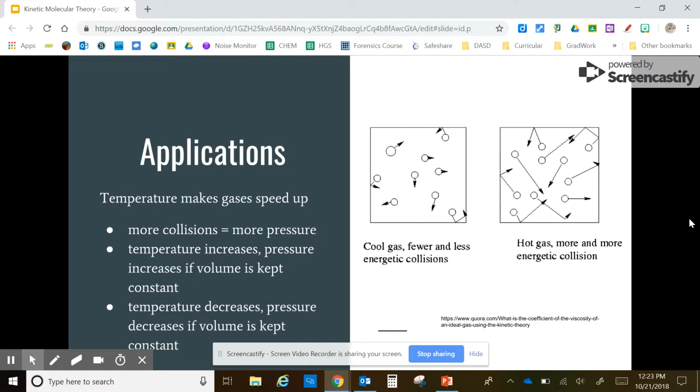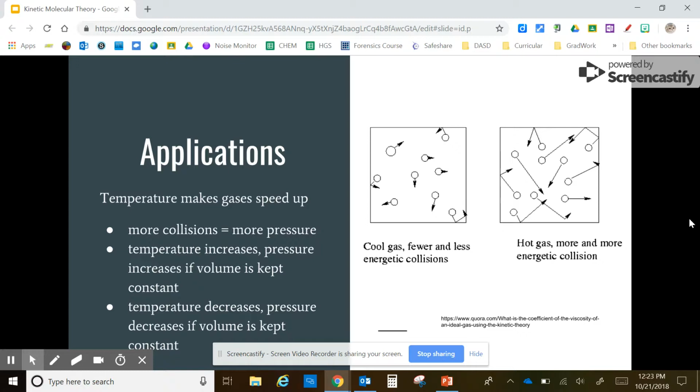So if we see the temperature increasing, the pressure is also going to be increasing if we keep the volume the same. So let's say I have 100 particles in a box. If I heat up that box so it gets warmer inside, those particles are going to be moving faster and they're going to be having more collisions, either with other particles or with the walls of the container. If I don't make that container any larger, the pressure is going to increase inside of it.